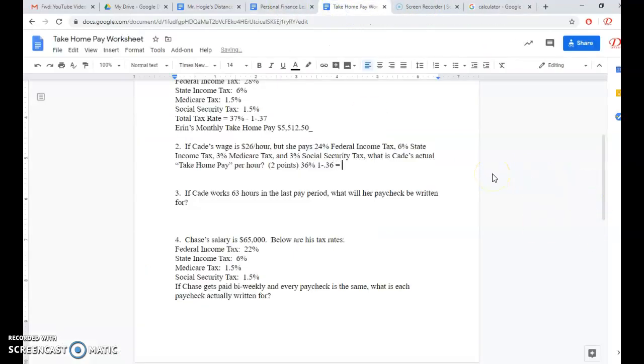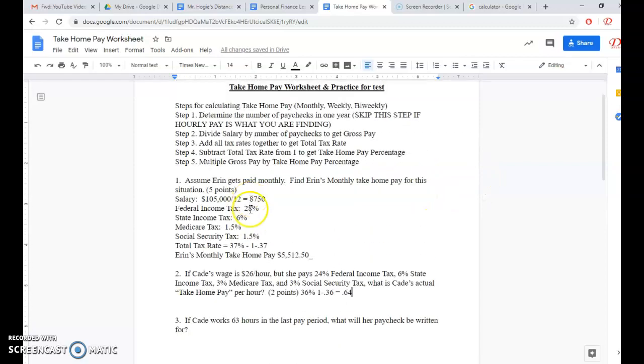Okay, so now that we've got that percentage, we can multiply it by our hourly pay, right? Because the last step says multiply gross pay by the take-home pay percentage.